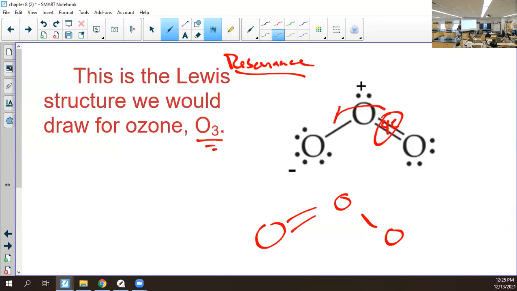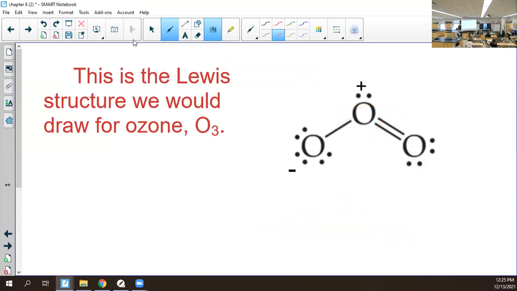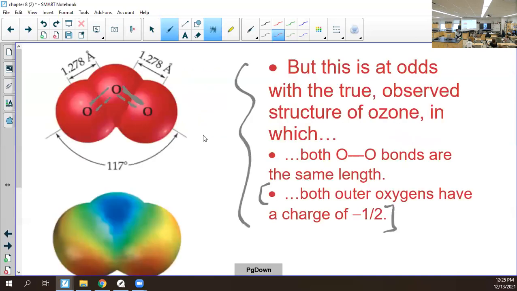But could they at one point in time have gone over there? Absolutely. So this is what we call a resonant structure. When 2 Lewis structures are basically the same, we accept a hybrid of both.